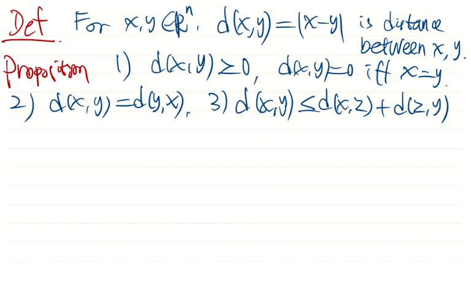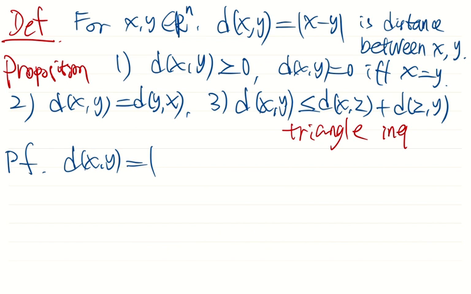Now the proof of this proposition is very easy. These are easy consequences of the properties of norms. For example, we prove the third one. The third one is also called the triangle inequality. Okay, we prove this. Now, d(x,y) by definition is the norm of x minus y, but we can write x minus y as x minus z plus z minus y.